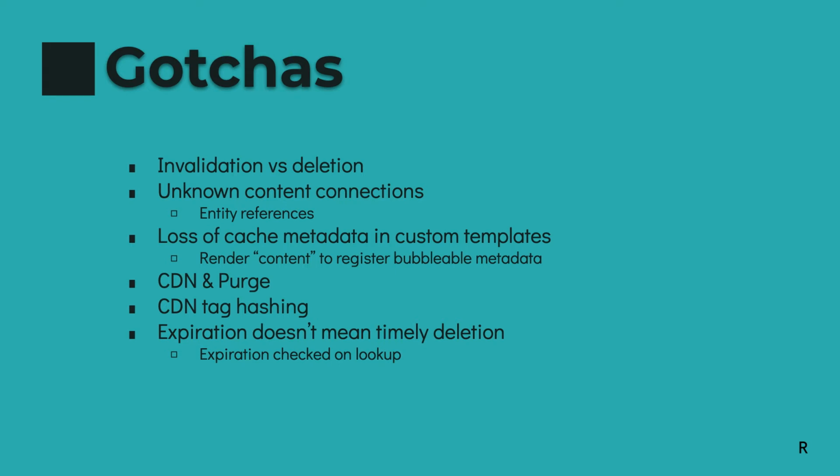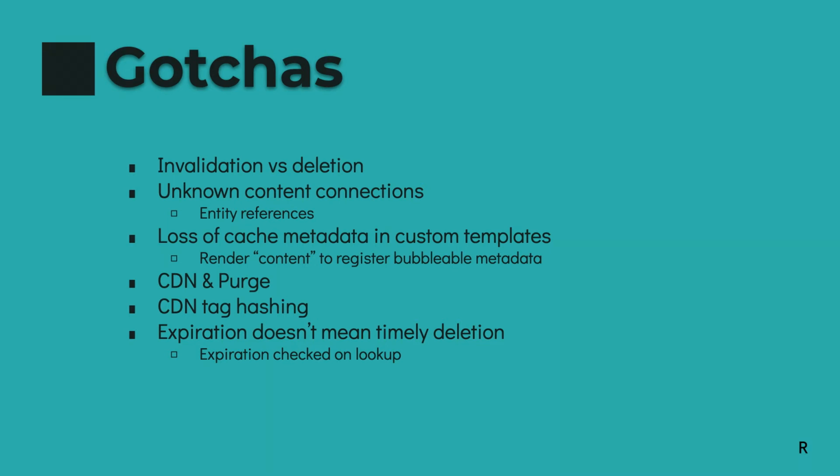That's what makes that connection. But one gotcha is knowing that that doesn't happen instantly. Just because this node was saved, it's not going to go out and invalidate that everywhere in that CDN. It does that on cron. So that's a gotcha to be aware of.